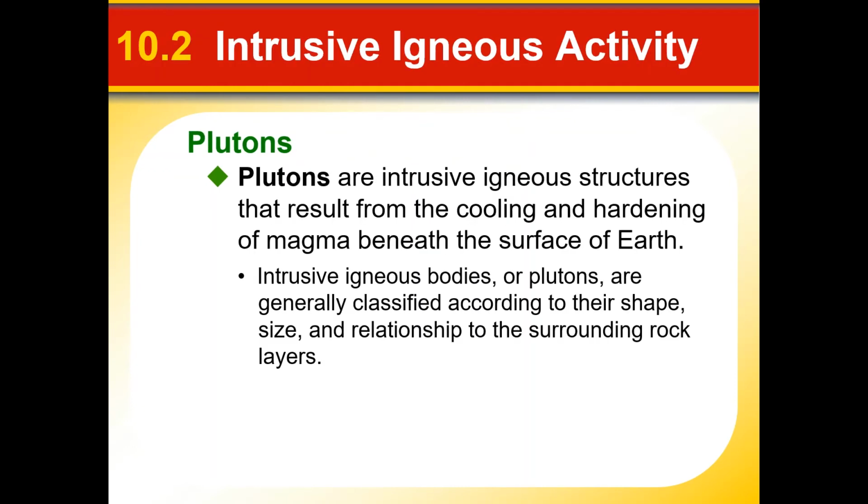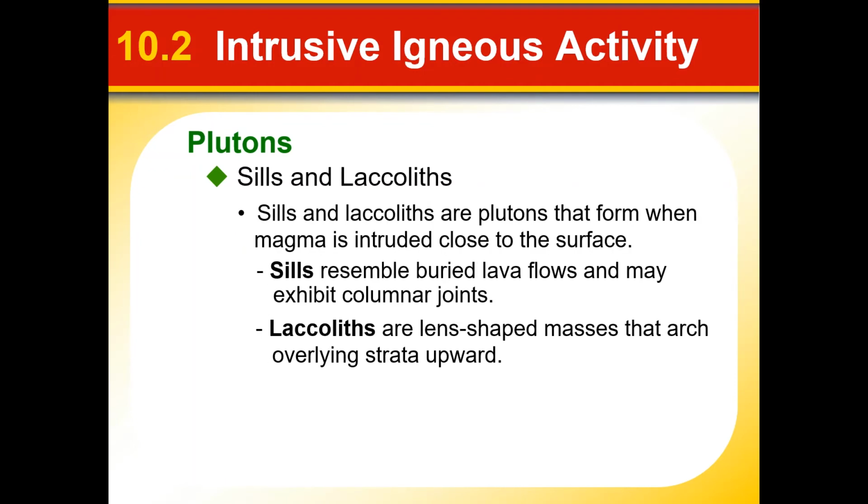And now we have plutons. We discussed earlier about the caldera and the lava plateau, which are extrusive igneous formations. Now we are in the plutons. Plutons are intrusive igneous structures that result from the cooling and hardening of magma beneath the surface of the Earth. The intrusive igneous bodies or plutons are generally classified according to their shape, size, and relationship to the surrounding rock layers.